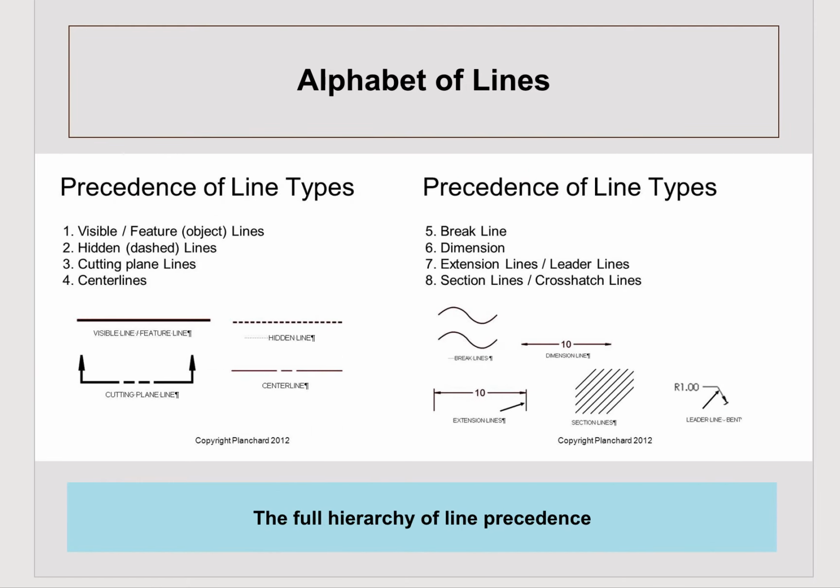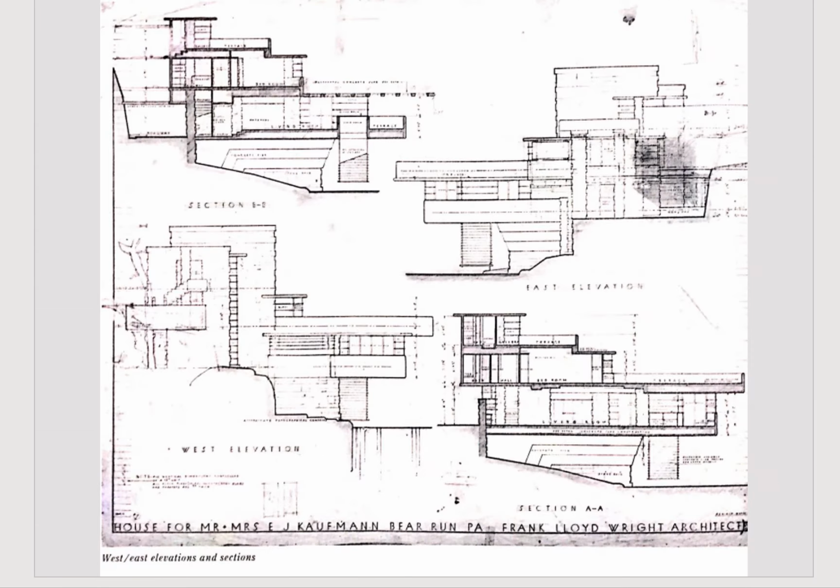And again, this is just another example of what we discussed in the previous slide, showing the precedence of lines. And again, the visible feature objects are the darkest lines. We want those to stand off the page. And here's an example. This is Frank Lloyd Wright's drawing of Fallingwater.